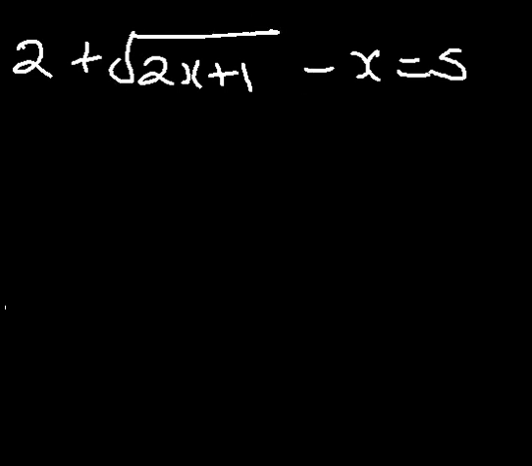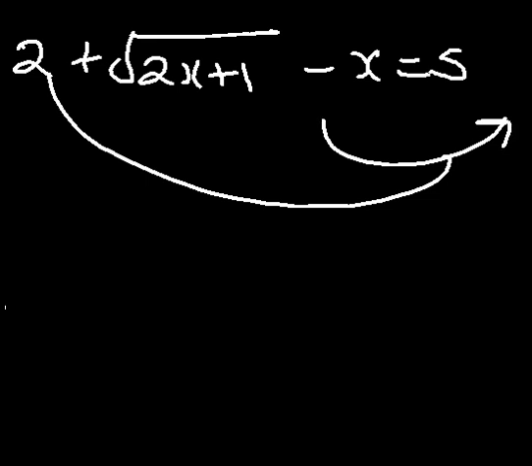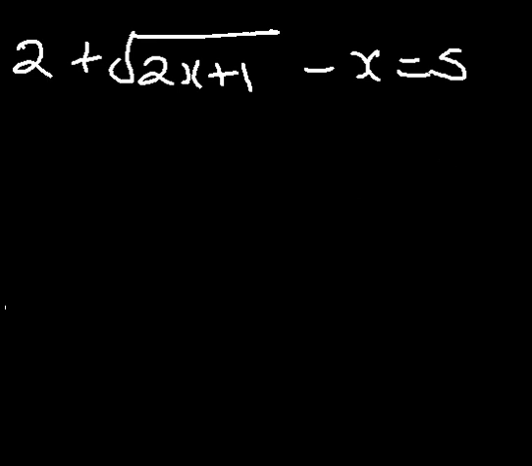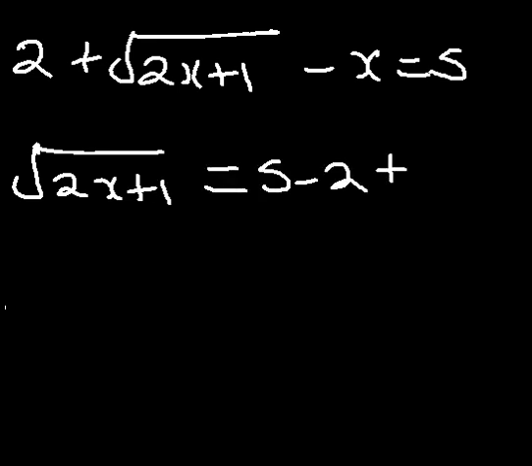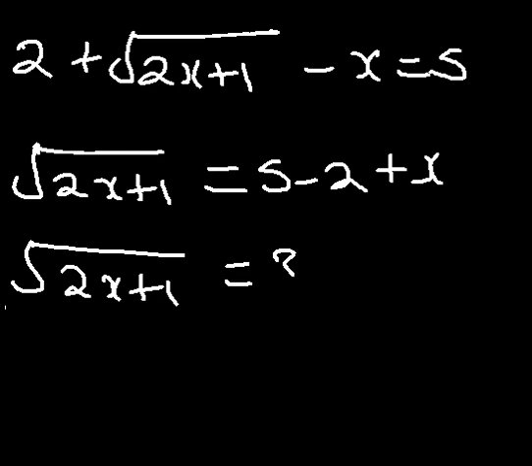Then we're going to transfer everything else to the other side. So we transfer x to the other side and also 2. We'll have the square root of 2x plus 1 is equal to 5 minus 2 plus x, which is the square root of 2x plus 1 is equal to 3 plus x.